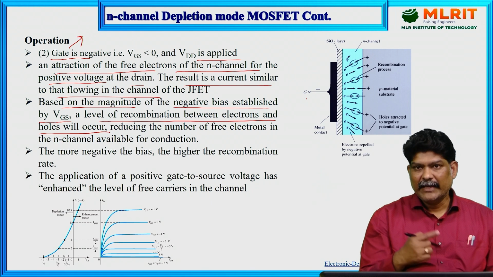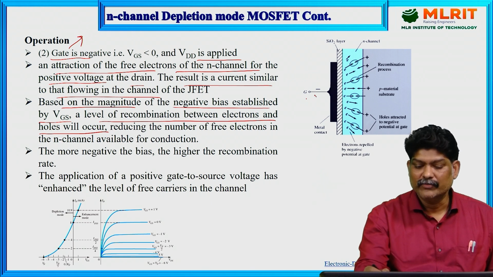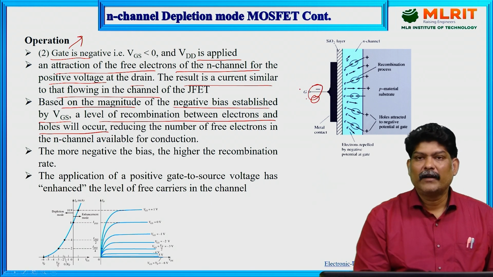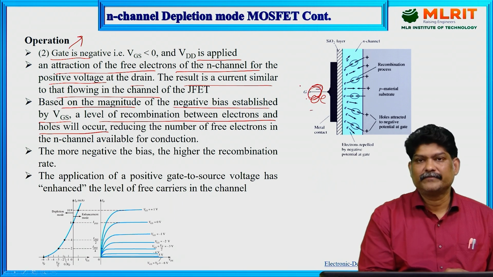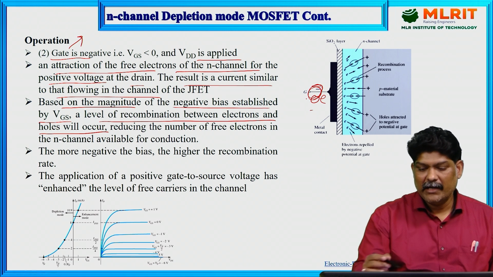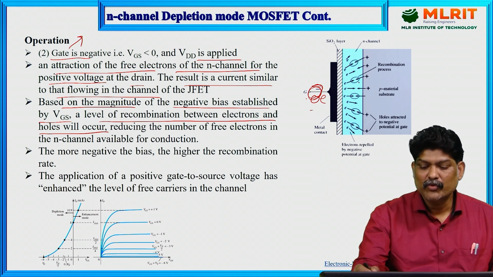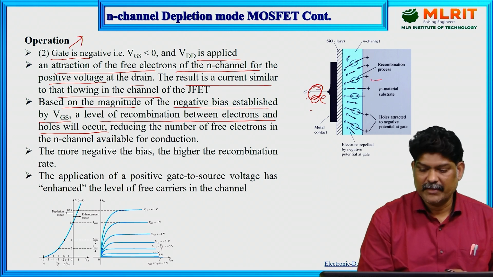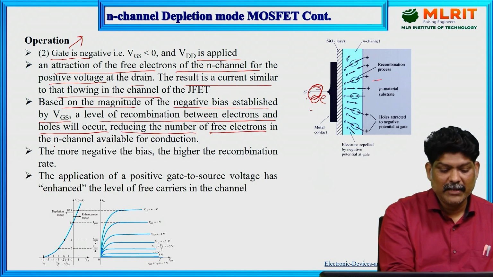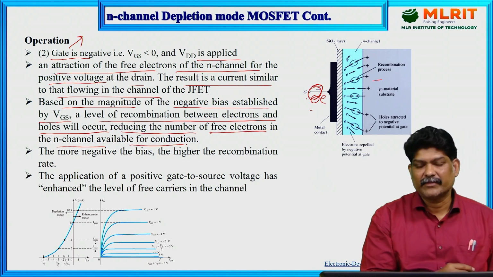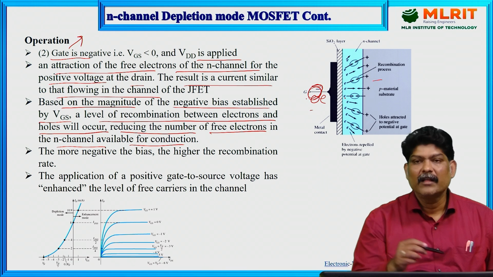So if you increase the negative value of the gate, what happens? The gate terminal is negative and electrons are repelled by this negative terminal, so they move towards the P substrate, therefore reducing the number of free electrons in the N channel available for conduction.